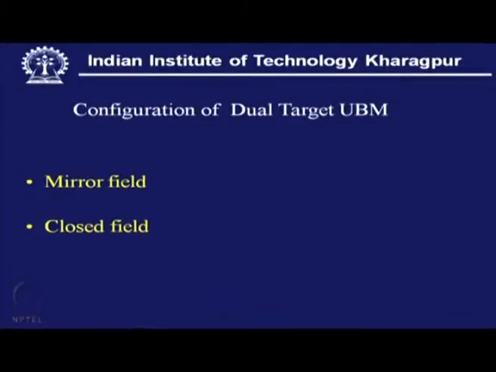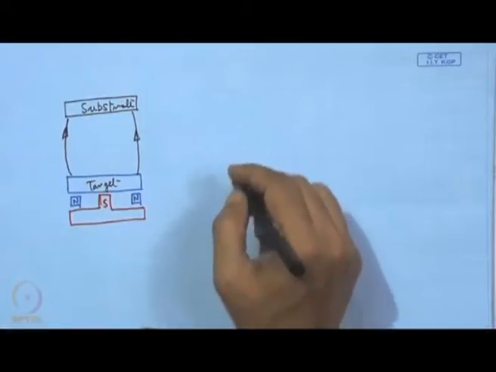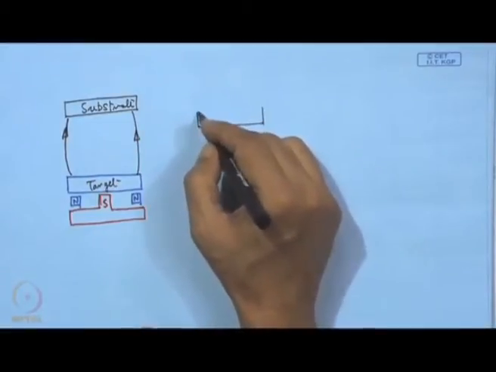Now, this dual target magnetron, which is of course unbalanced in nature, has the targets facing each other, and we can have 2 configurations. One configuration we call mirror field, and the other one we call closed field. So, let us look at what is meant by this mirror field.